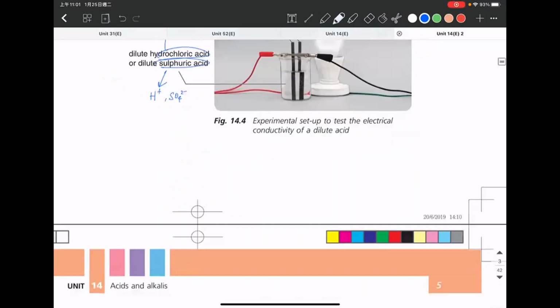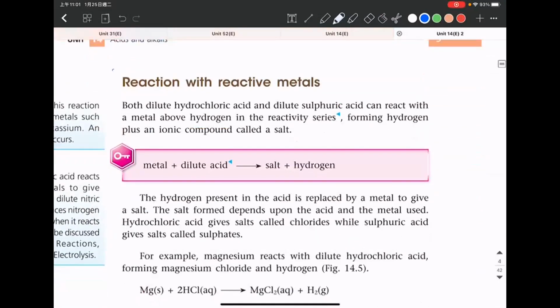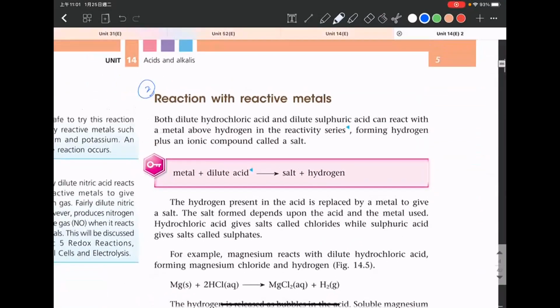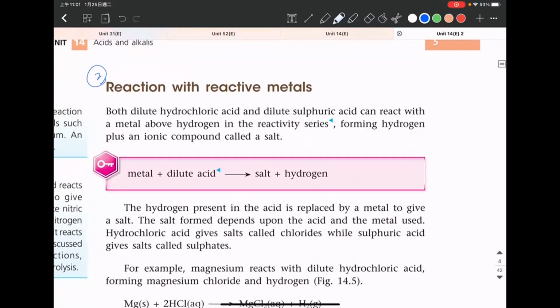Easy, right? Now, reaction with reactive metals. Remember the term reactive metals. Both dilute HCl and dilute sulfuric acid can react with a metal above hydrogen in the metal reactivity series.